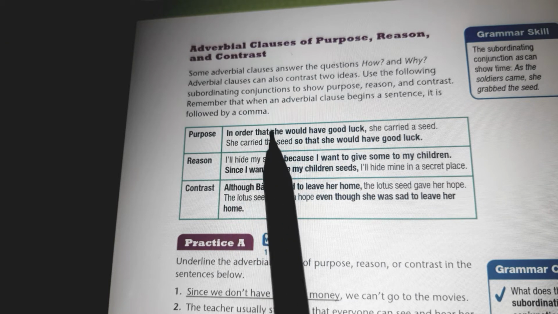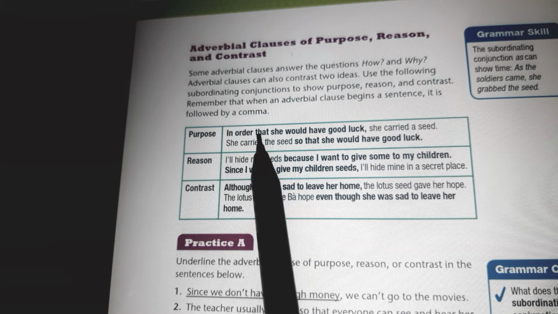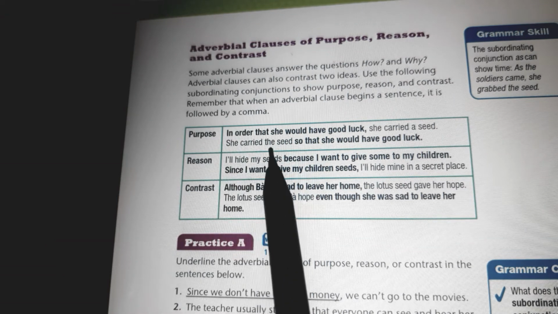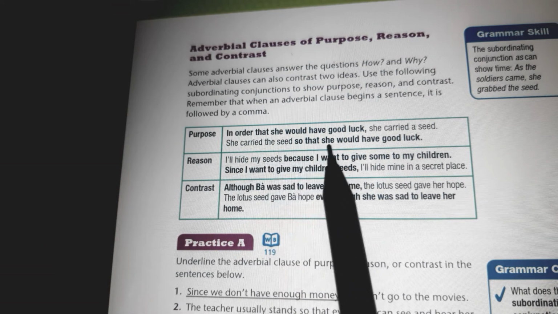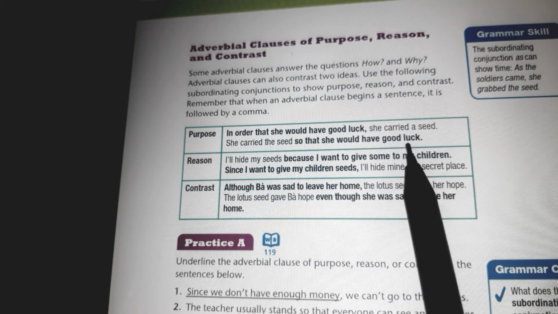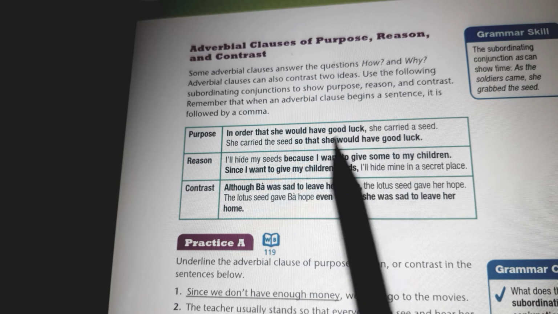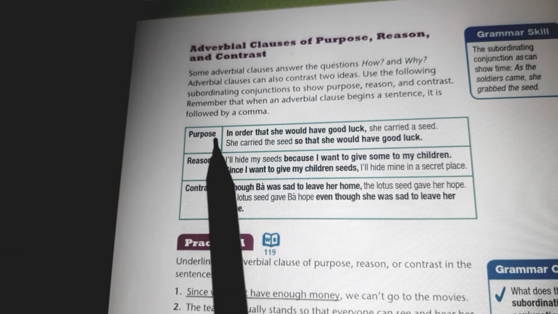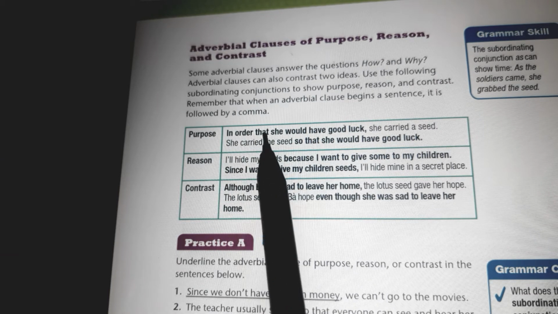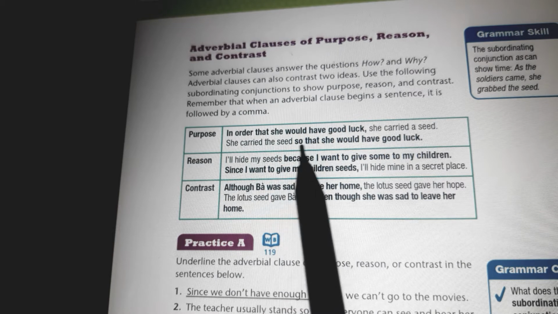beware of this phrase. Now, "She carried the seed so that she would have good luck." We're talking about the same issue, about the same idea. But first we used in order that, and second we use so that.